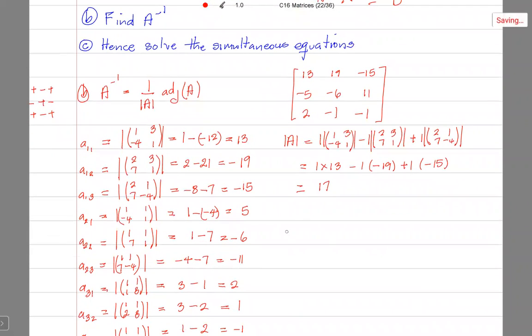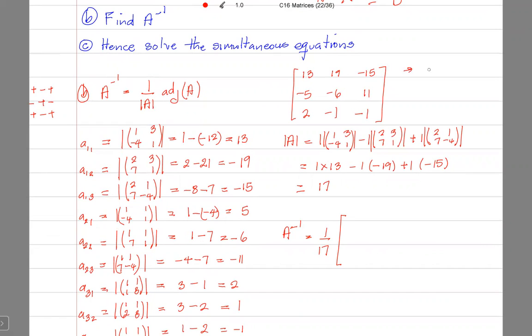So A inverse would be 1 over the determinant, which is 17, times the adjoint. The adjoint matrix is the transpose of the matrix of cofactors.